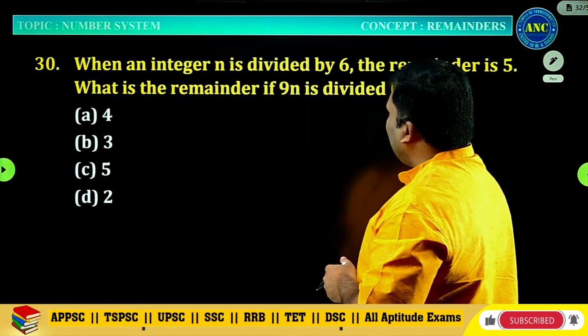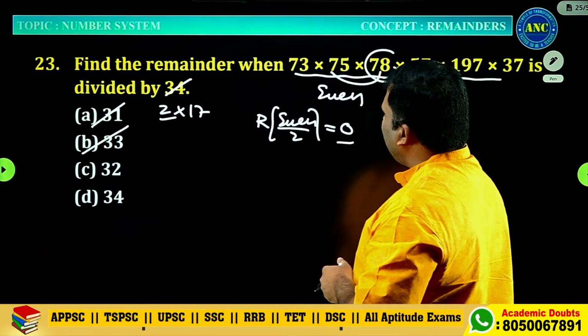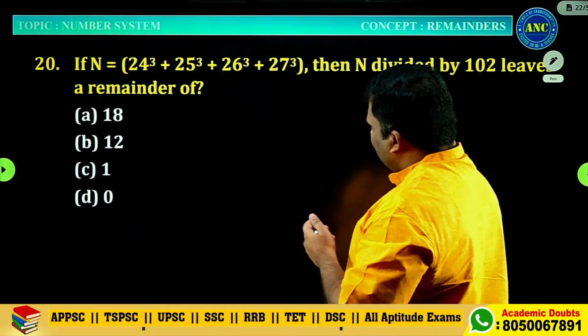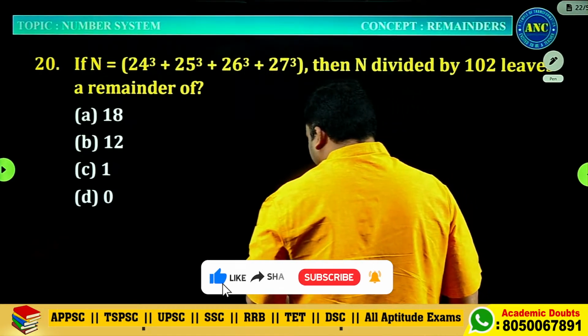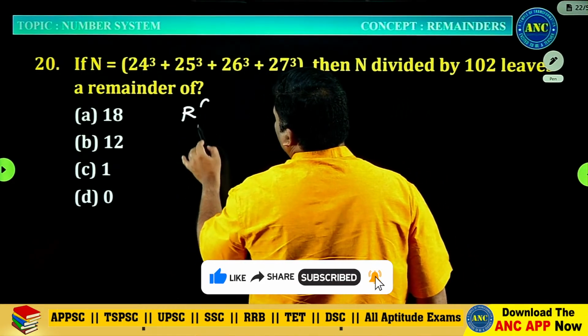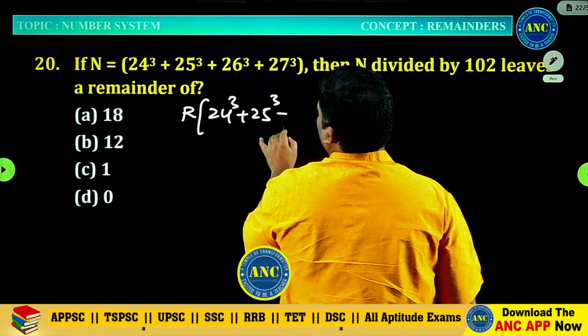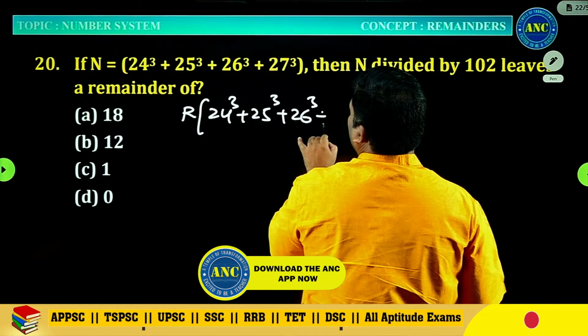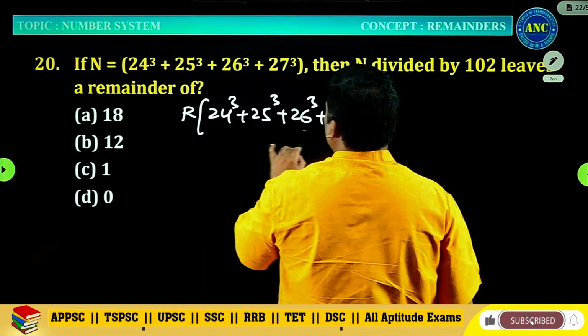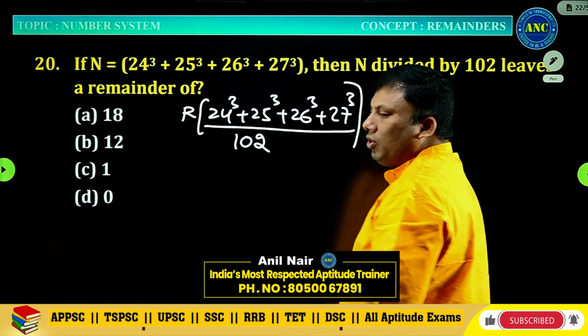There are a lot of very good methods to solve. The problem is not knowing that method. See here. You tell me, sir. Just now I discussed: 24 power 3 plus 25 power 3 plus 26 power 3 plus 27 power 3 divided by 102. Immediately you know the logic.